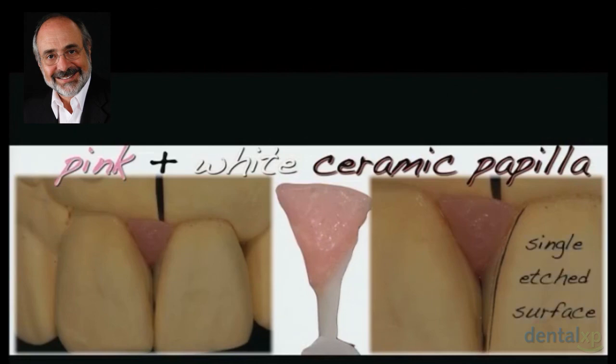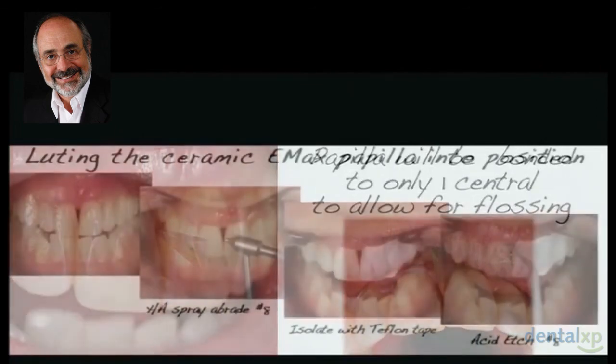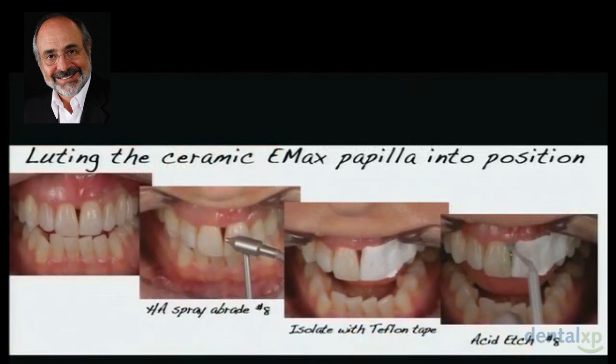So just one etched surface. Trying it in, I lodge it in, keep it in close adaptation, nominal pressure on the remaining tissue, and I use just one of those little wood sticks to do it.